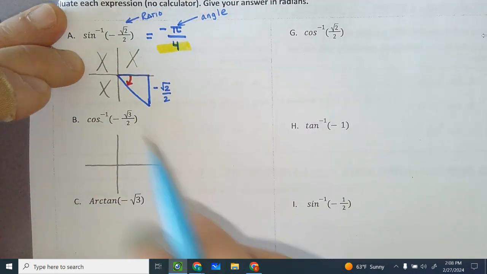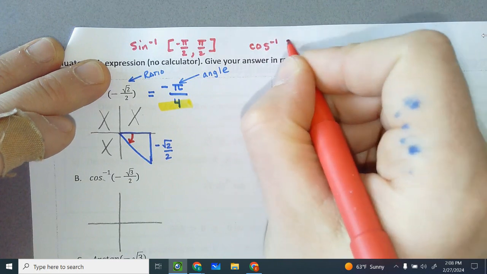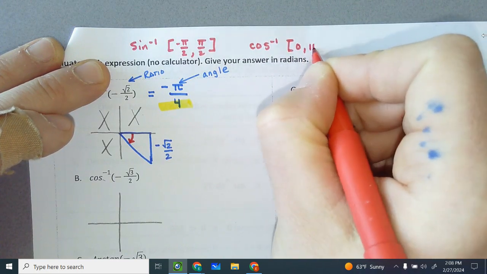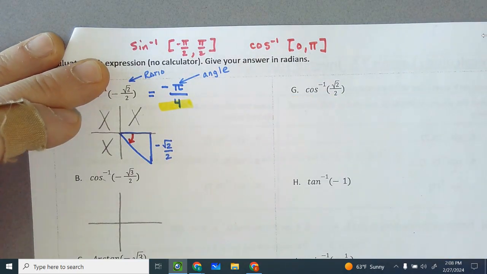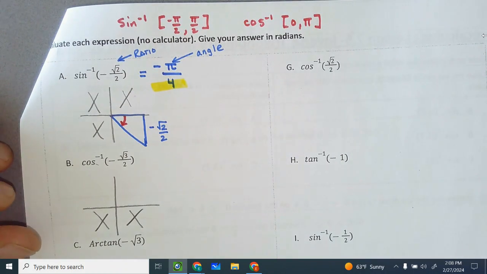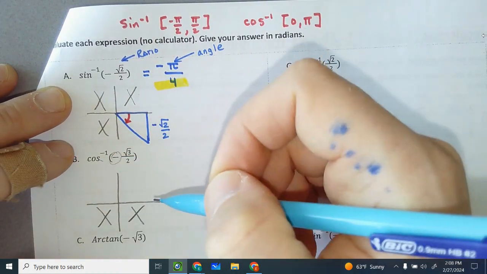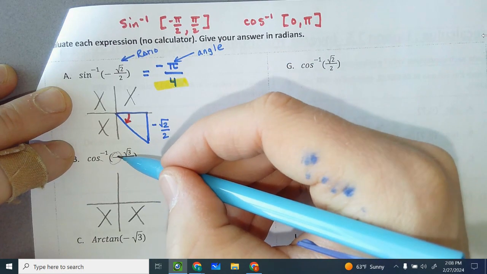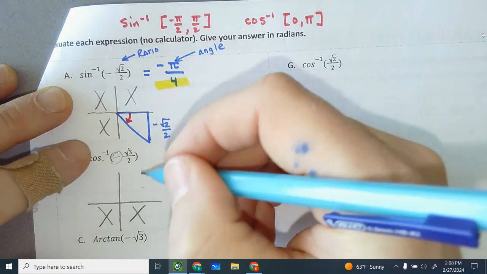Inverse cosine. Recall that inverse cosine has to be between 0 and pi. So that's the top. So I'm going to cross off the quadrant on the bottom. Step 2. Look at the sign on the ratio. The sign is negative. So in which of these two quadrants is the cosine negative? Answer.